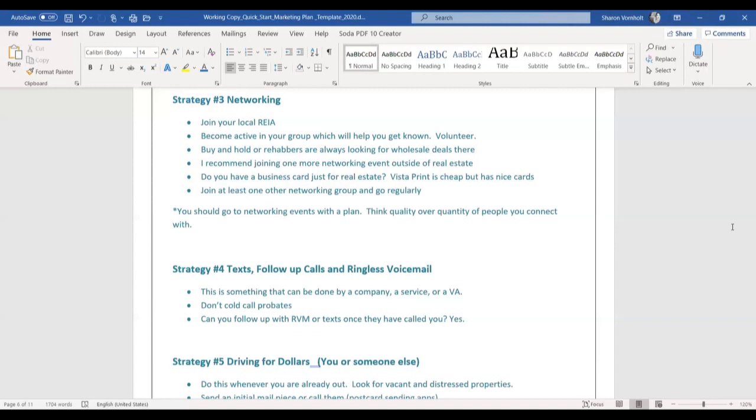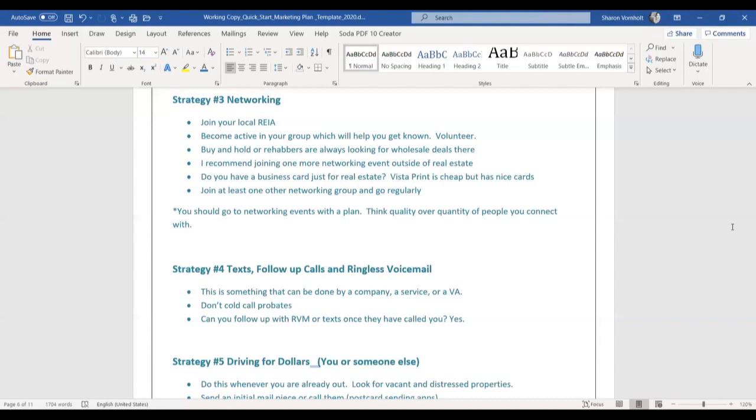It is being outlawed in some areas unless the person has contacted you, let's say in a probate situation or any situation. They have contacted you and made the initial contact, then that would be okay to follow up with either a text or a ringless voicemail in most areas. But check the laws of your state, because as you know, things change with the speed of lightning today.